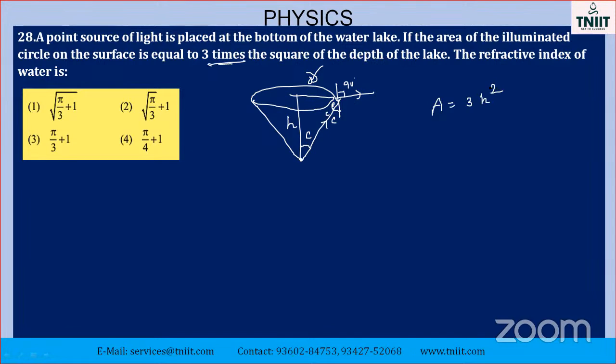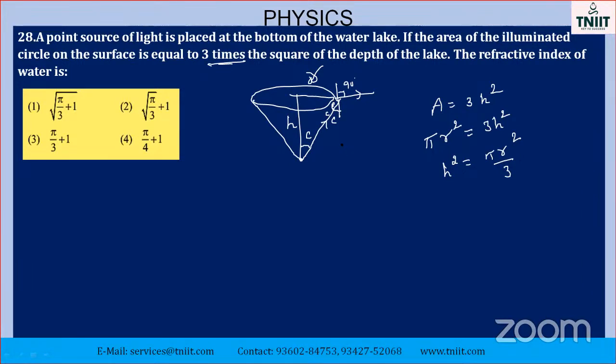A is equal to 3h squared. What is area? Pi r squared equals 3 times h squared. So h squared value will be pi r squared by 3.